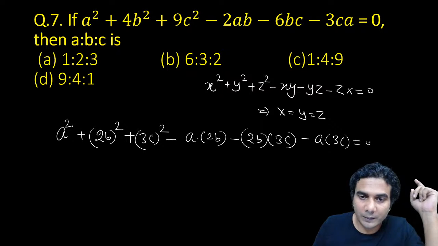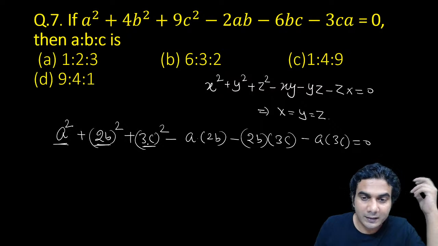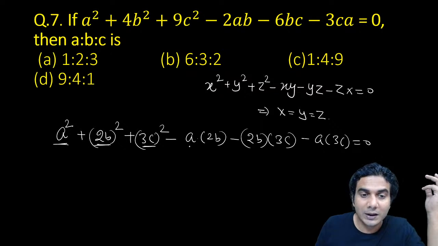Okay, now compare it with x square plus y square plus z square. So this is x, this is y, and this is z, right? X is a, y is 2b, and z is 3c. So now you can read it as x square plus y square plus z square minus xy minus yz minus xz, right?